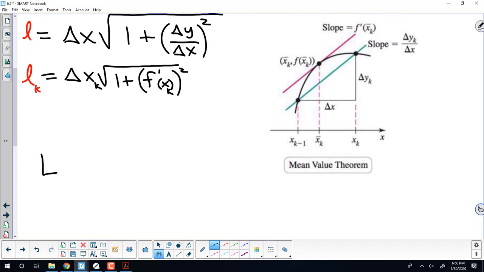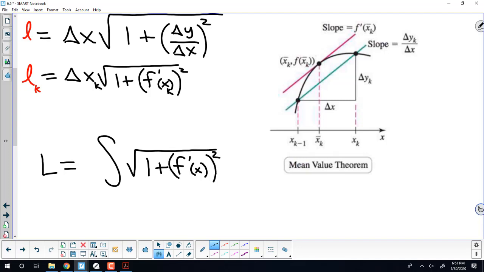I think they call it capital L. So the square root of 1 plus f prime squared dx. And of course the bounds depend on, you know, I want the length of this curve from 3 to 4 or from 10 to 15, right? But that's how we measure the length of a curve.